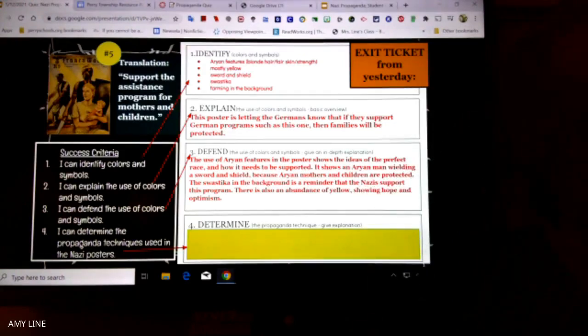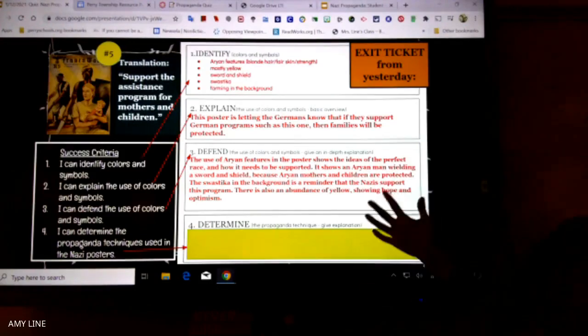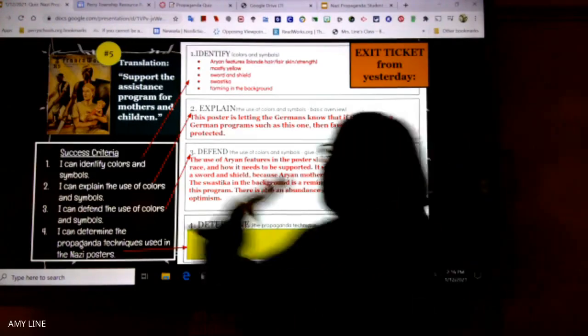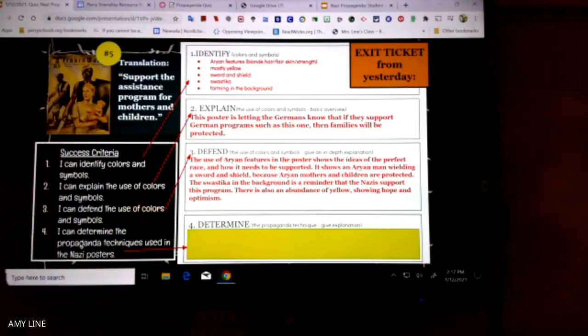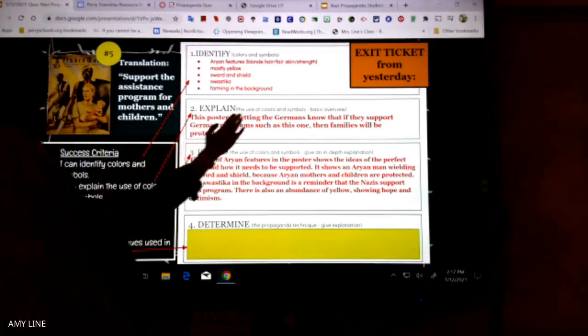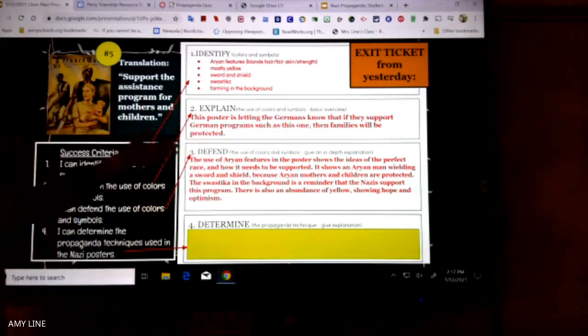This poster is letting the Germans know that if they support German programs such as this one, families will not be protected. Yeah. So just a quick overview. In brief, what is this propaganda poster doing? Explaining the use of color and symbol, the basic what's going on here.